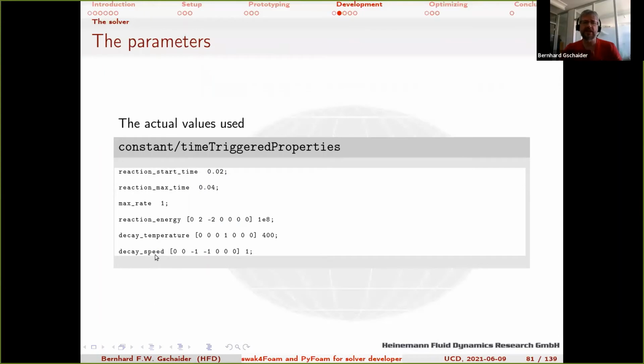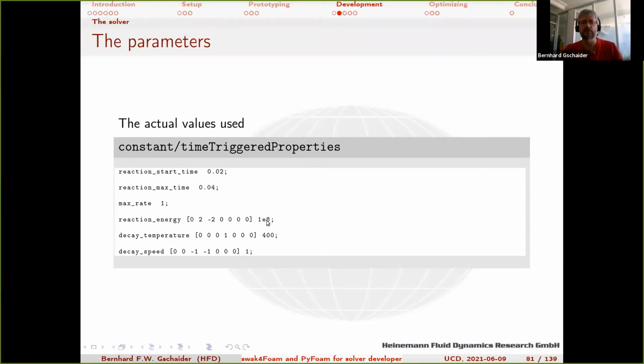So, and the actual values that were used were here. I said, okay, as a reaction start time, I use 0.2. That's what we saw in the previous experiments with the prototyping. And after 0.04, it stops reaction. The maximum reaction rate happens to be 1. Ignaz is still waiting for real materials to arrive from the labs, so that he gets real values for that.